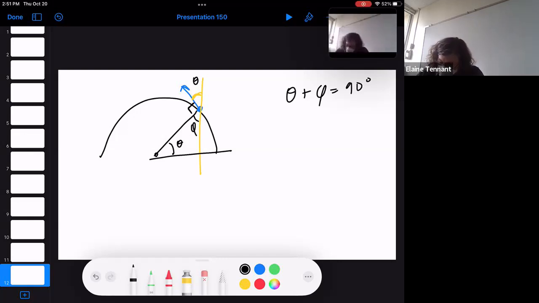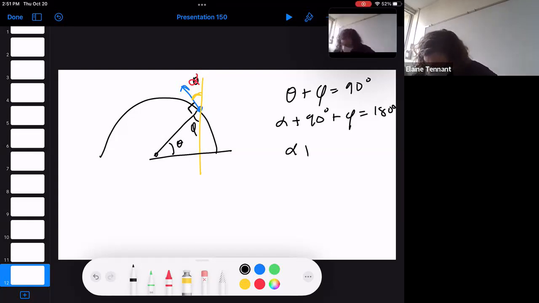So that means theta plus 90 plus phi. I shouldn't call this theta, I should call it alpha. Alpha plus 90 plus phi equals 180. Hey, I did that right.